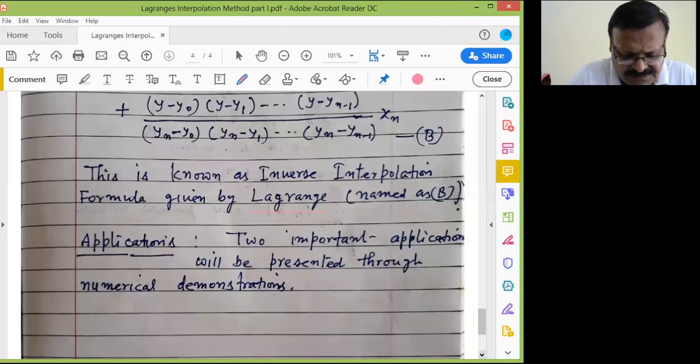So this is a special advantage we have seen. Next time, that means tomorrow, we are going to discuss this very formula and its application, and after this application, the difference, backward, forward, and unequal intervals, this one procedure will be closed.